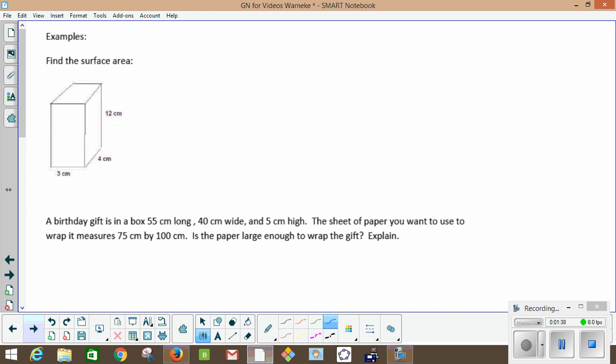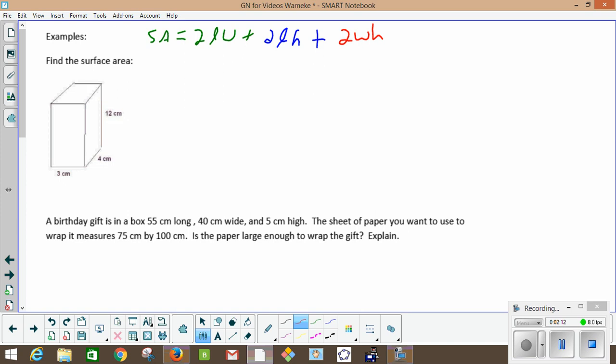Okay, here we have a rectangular prism. Find the surface area. So as we said, the specific formula for surface area of a rectangular prism is 2 times length times width plus 2 times length times height plus 2 times width times height.